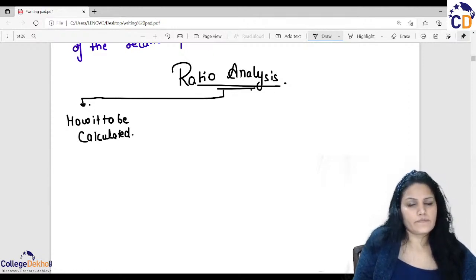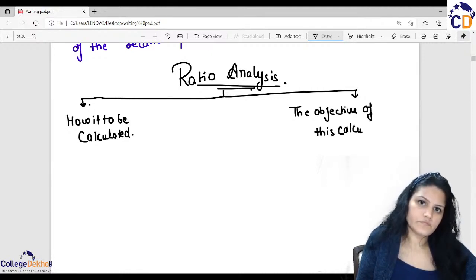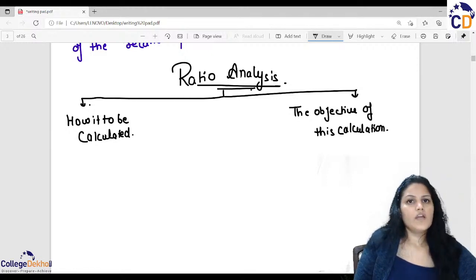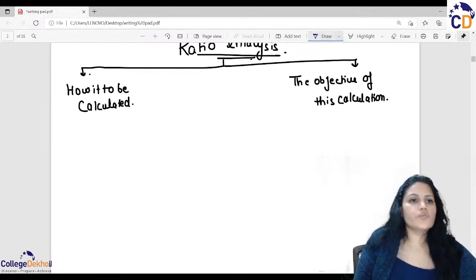And second, the objective of this calculation. What was the reason why we need to calculate the ratio analysis?